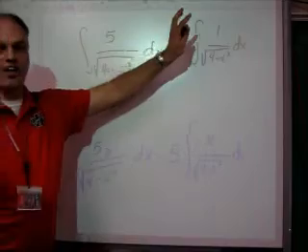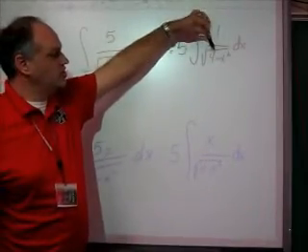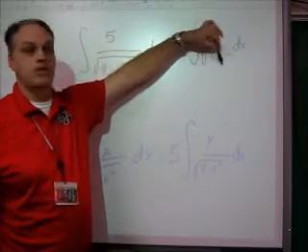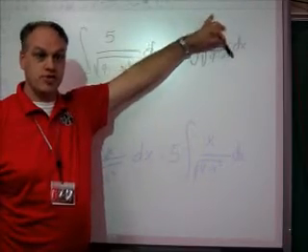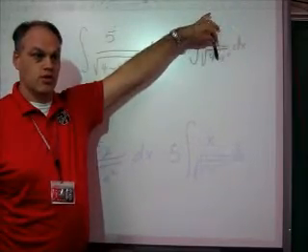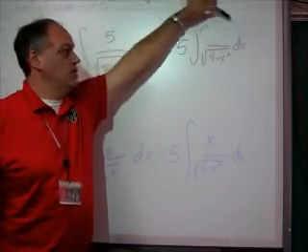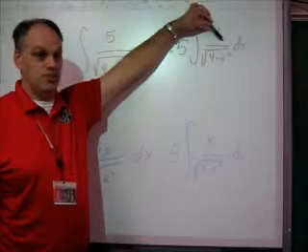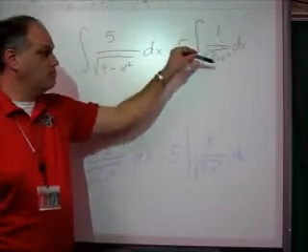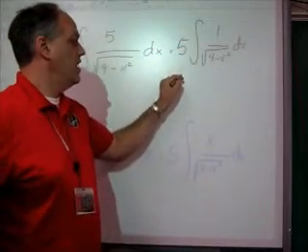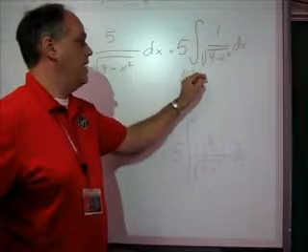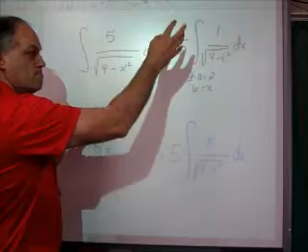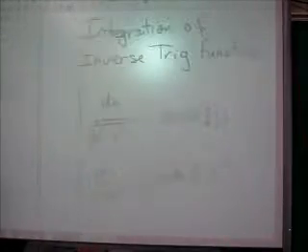If you really look at your arc sine function, you're going to notice that we need to identify an a squared and a u squared out of here, and up here it's just 1, or du. In this problem, if I let a equal 2 and let u equal x, does this match the pattern?